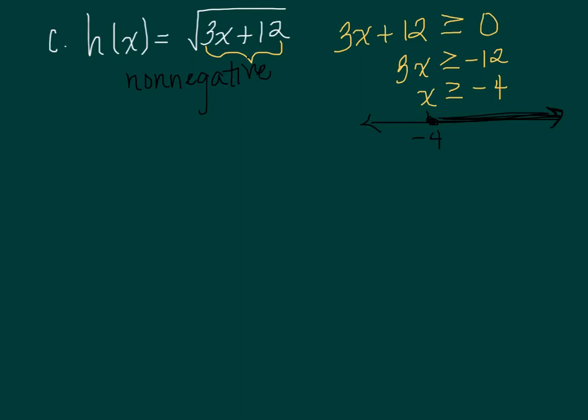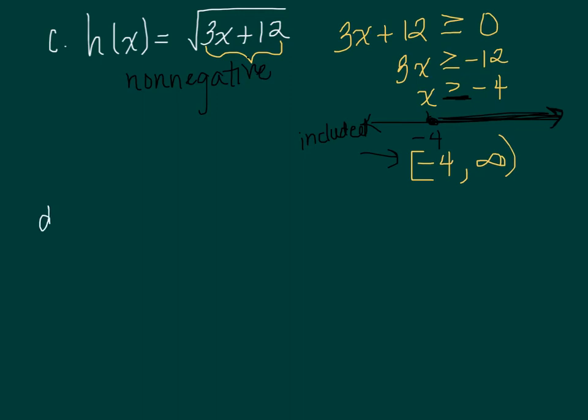So your domain would be from -4, including, to positive infinity. Included. So that sign means included. And you can just try it out and see, because if you use anything smaller than -4, that's going to make this a negative number.